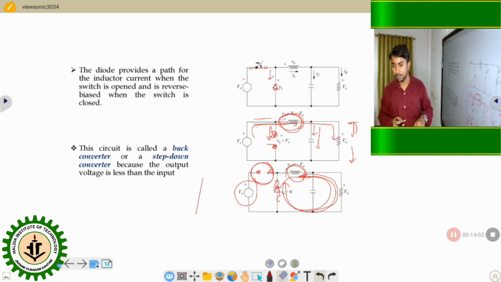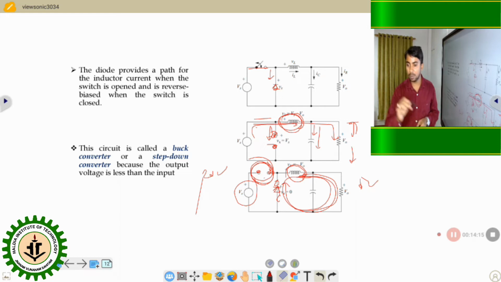Suppose our input voltage is 20 volt and our required voltage is 5 volt. We can get this 5 volt only by changing the duty ratio. For this 5 volt, we can design the required value of the inductor and the capacitor.